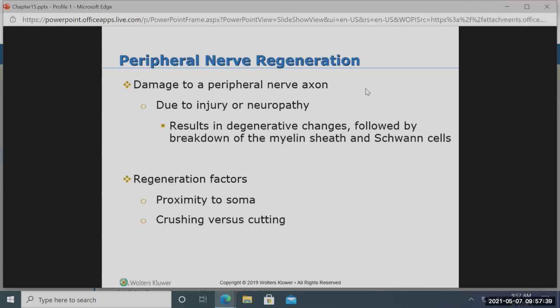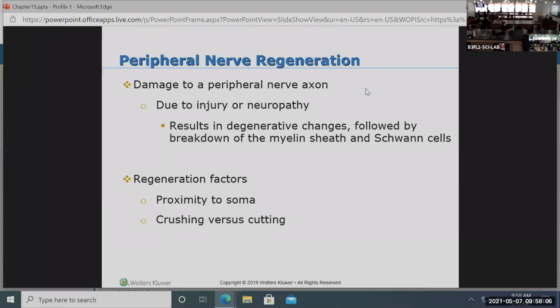Yes, it is the cell body. The word soma means the body. Over here, we are talking about the nerve cell, so the nerve cell body is soma. And we have dendrites and we have axons. Those are the processes. Dendrites carry information toward the cell body. Axons carry information away from the cell body.